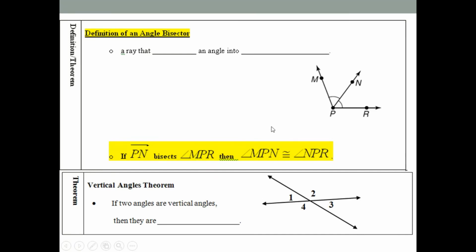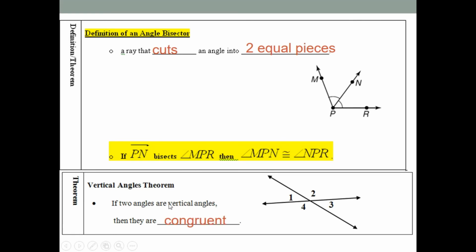We've got a couple other definitions or theorems that we'll use. You guys know already that an angle bisector is a ray that cuts an angle into two equal pieces. Basically, it's just like a midpoint, but for angles. So if we see the word bisects an angle, then that tells us the two smaller angles must be congruent.